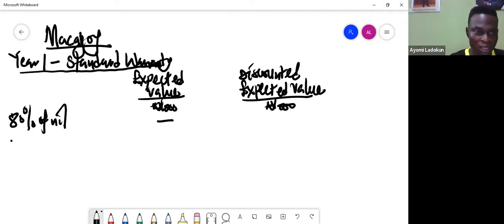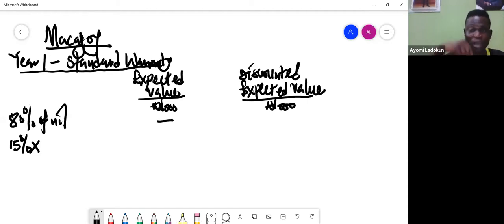So I will now say 15% multiplied by the number of units that I sold. If you look at the sales under that table, we have standard warranty, extended warranty. They said 2,000 units and 5,000 units.